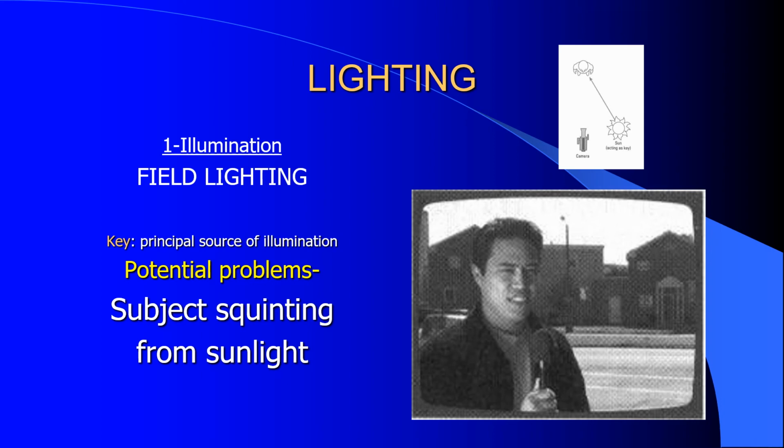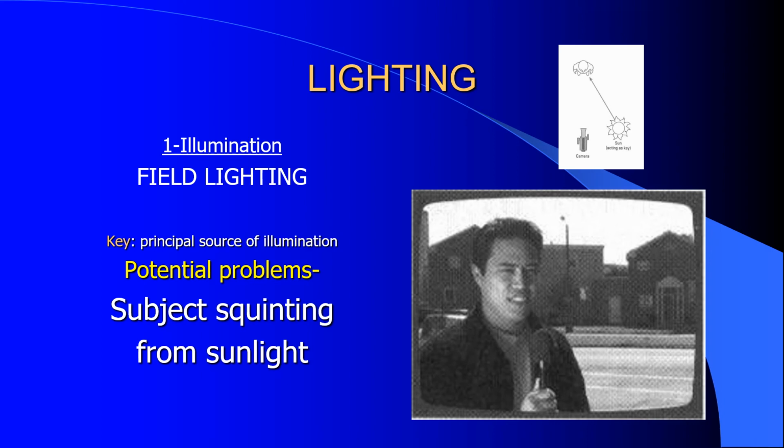Again, the potential problem here is that the sun can be very bright, and consequently, if the person is looking even sort of in the sun's direction, it can cause squinting, which again isn't the best image.